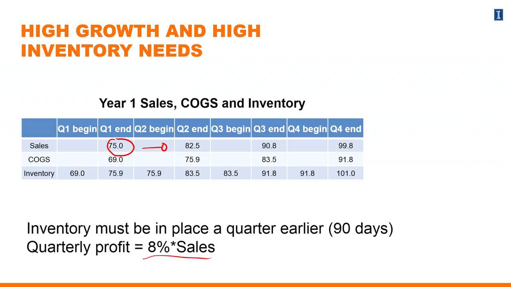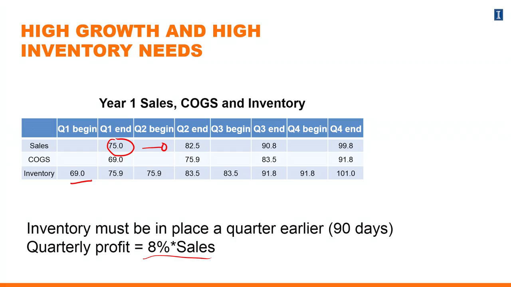Your inventory has to be in place 90 days beforehand, which is 1/4 of the year. What this means is that your inventory has to be in place at the beginning of the quarter. To be able to sell the goods at the end of the quarter, a company like PSI has to have the goods already in place at the beginning of the quarter.